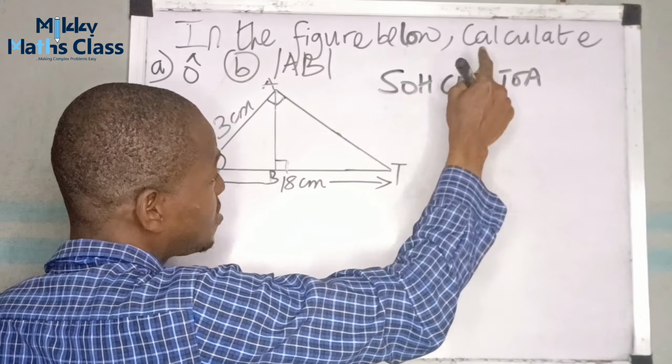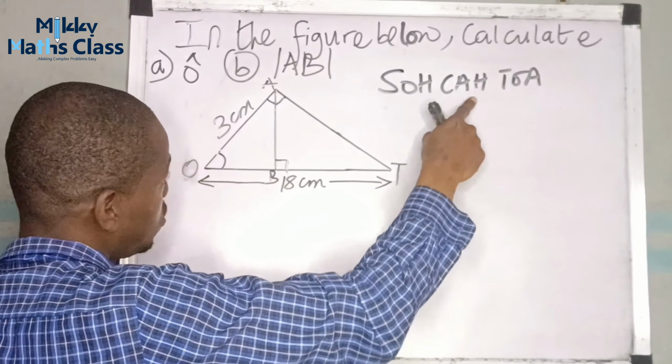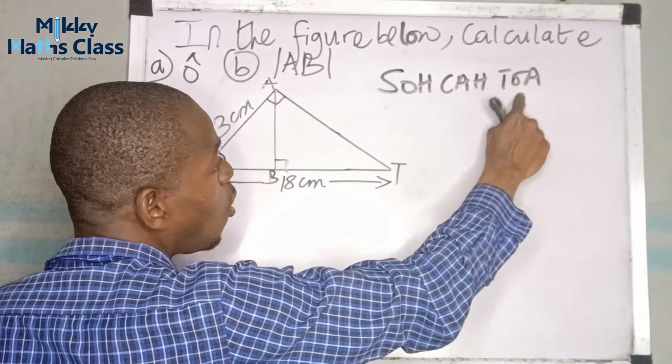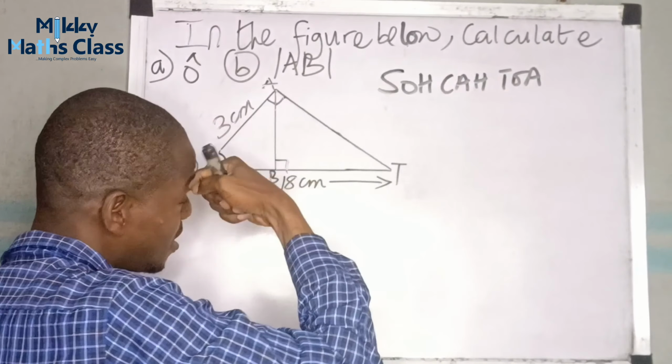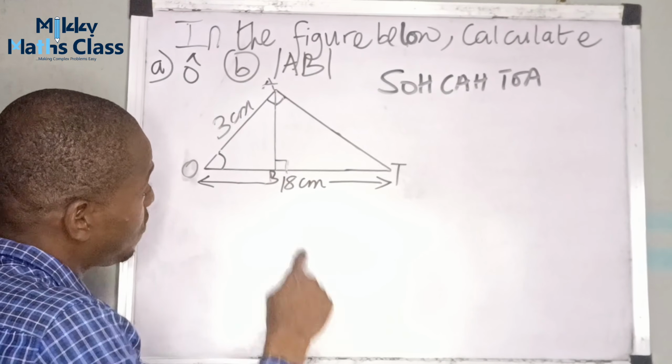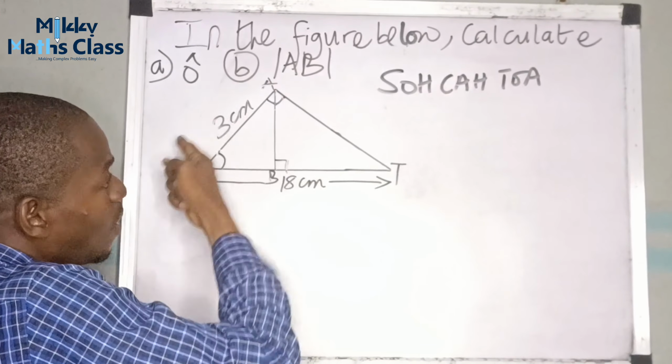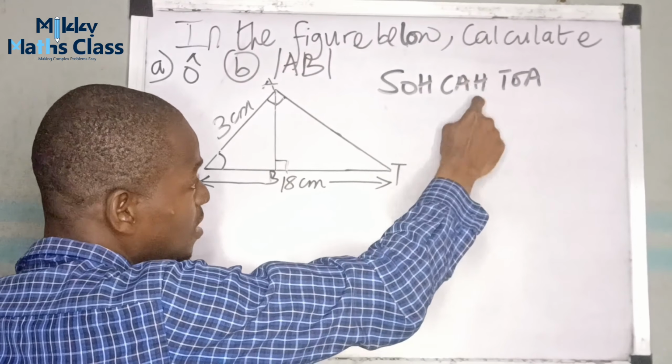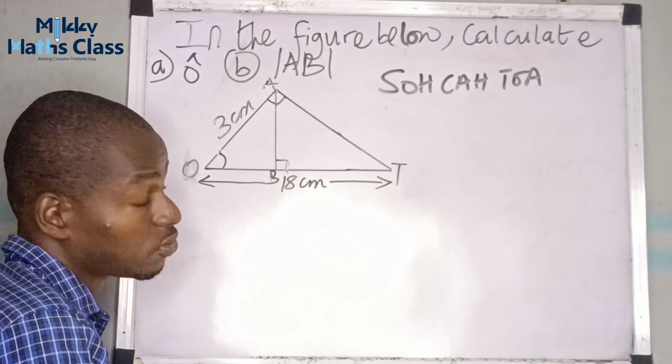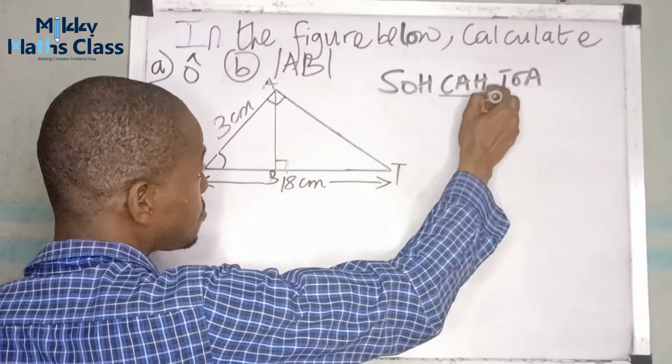When we have adjacent and hypotenuse, we use cosine. When you have your opposite and adjacent, you use tangent. In this case, we have the hypotenuse and the adjacent, so we use cosine.